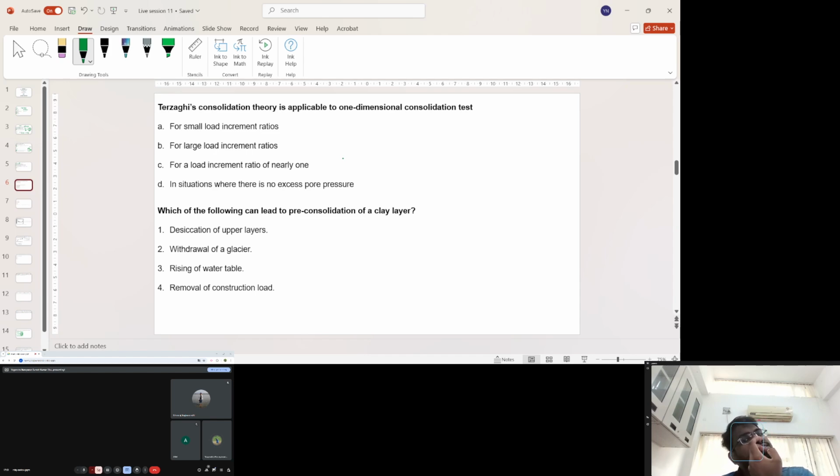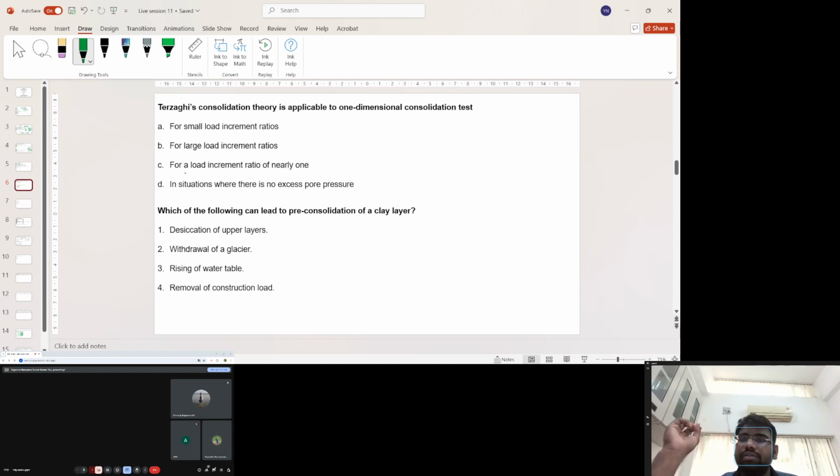Sir, for a small load increment ratio. Yeah. The primary application area where Terzaghi's theory is applied is that the load increment will be small compared to the existing stress states.